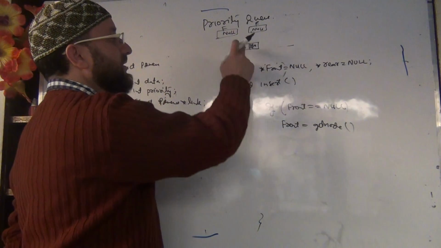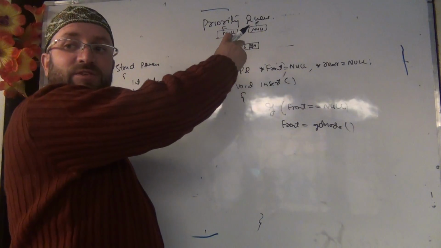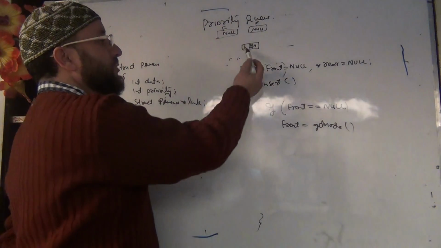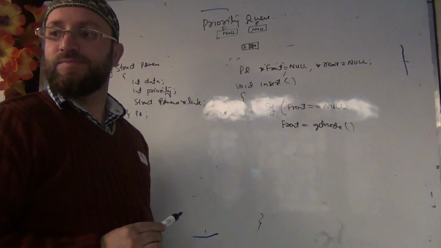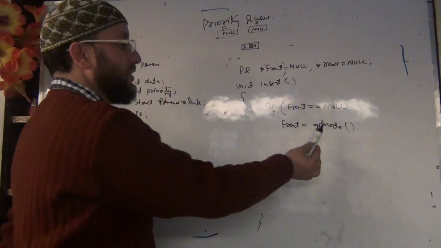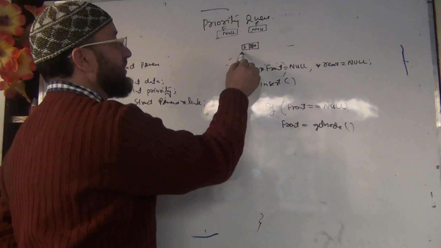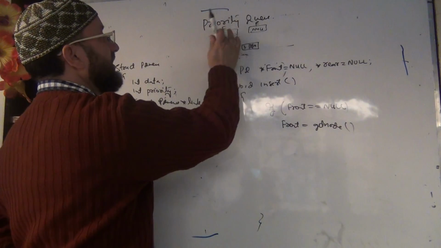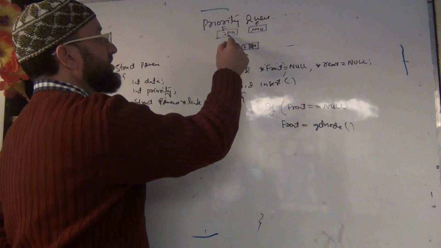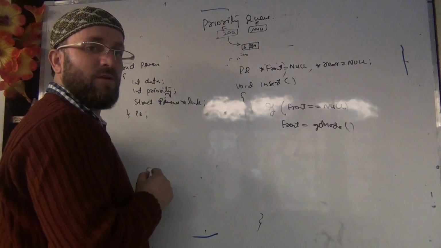It will create a node and ask you what is the data. Say for example you said 3 is my data. What is your priority? Say 2 is the priority, and it puts null at the end in the link part. This is what get node does. But it will have an address, say for example 200. Drop it into front. So front will not have a null anymore; it will have 200 in it. That means it's pointing to this node.